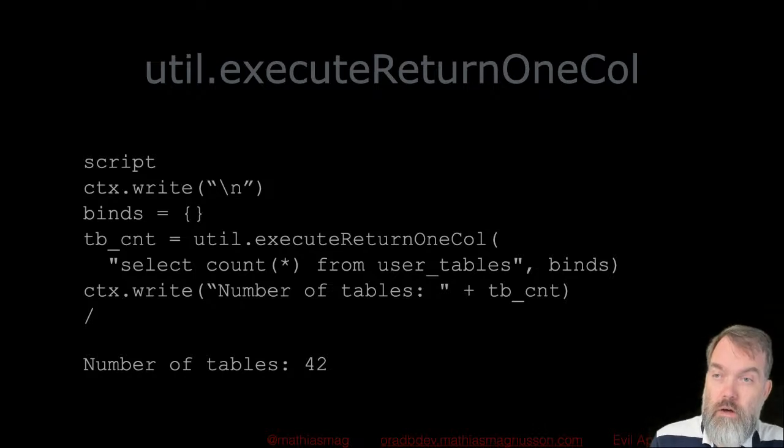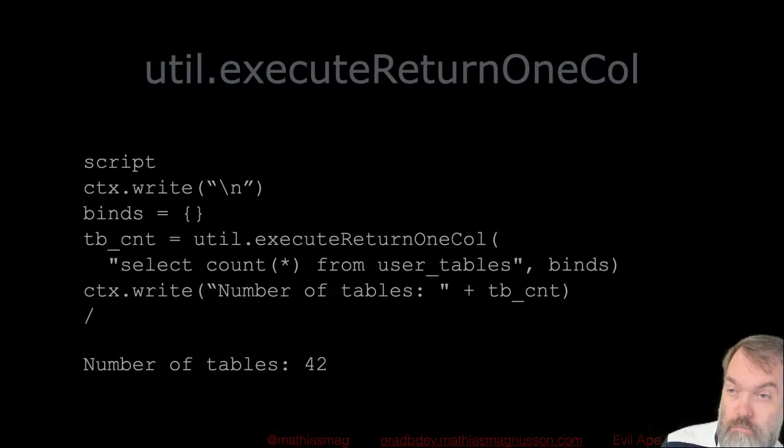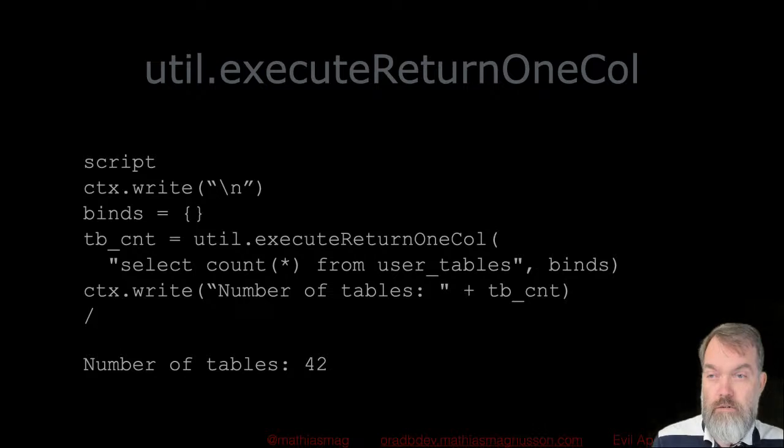We have a variable that takes the output from this command, and the command does a select count from user_tables to check how many tables we have, and then we have a context write to display it, and the output is below there. The number of tables is of course 42. It would always be in a proper schema.